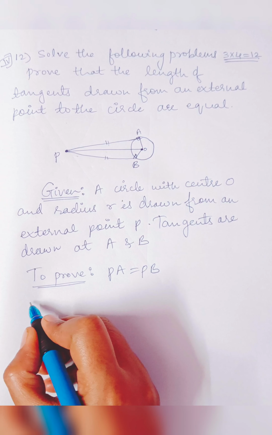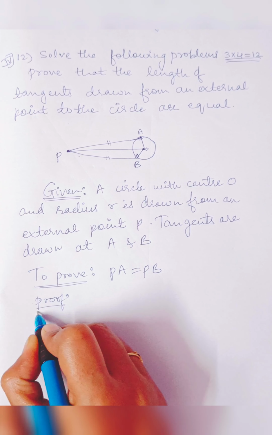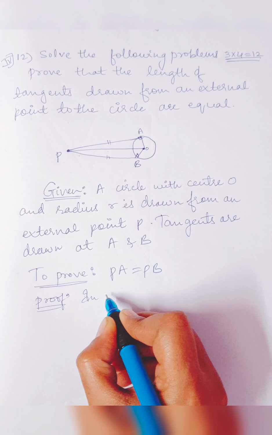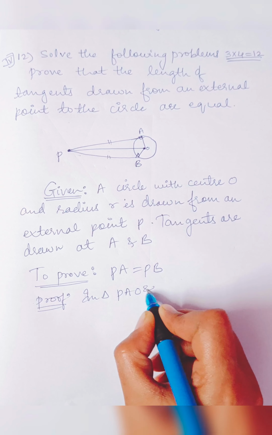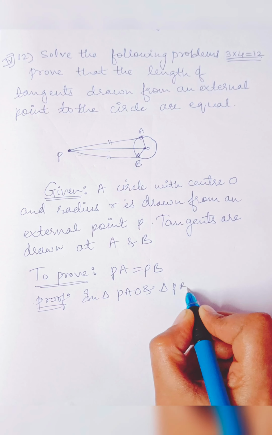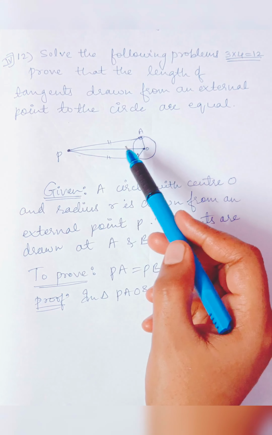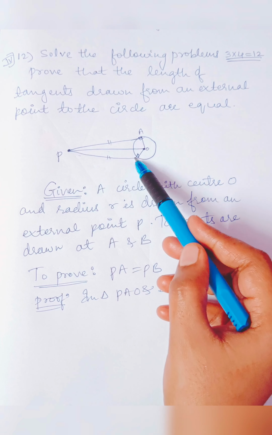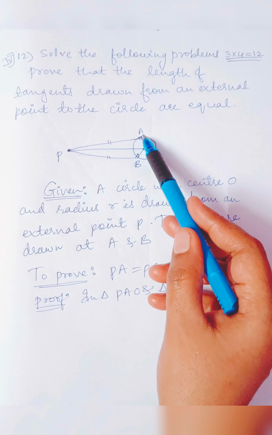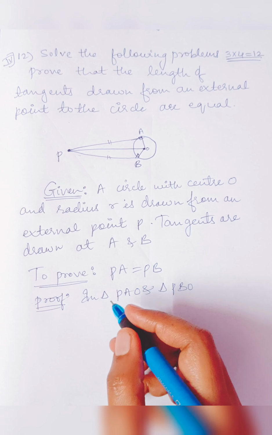Now the proof I'm going to write. So in triangle PAO and triangle PBO. So what are the common things in these two triangles we have to write?